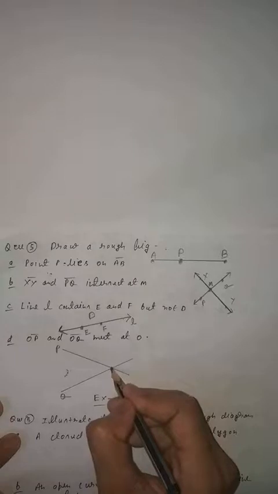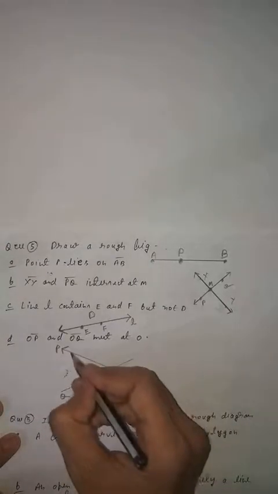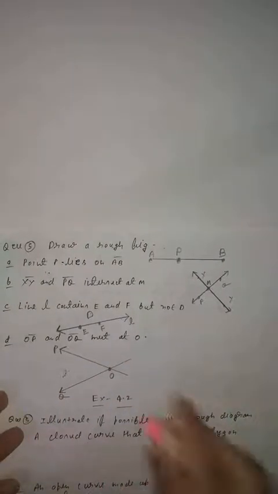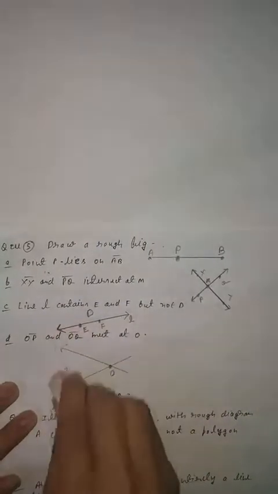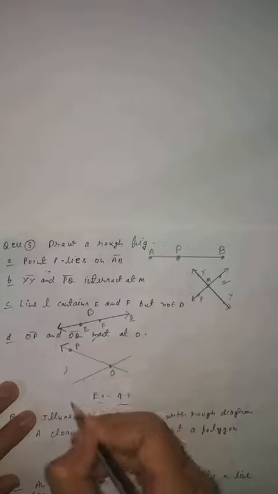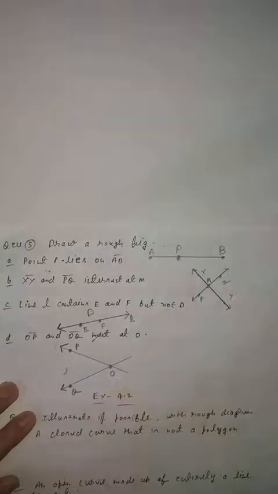Now you can see OP and OQ meet at O. Clear, students? So by this you can draw the line. Here students, P and Q you will write like P and this is Q.